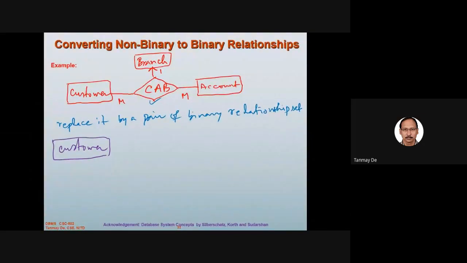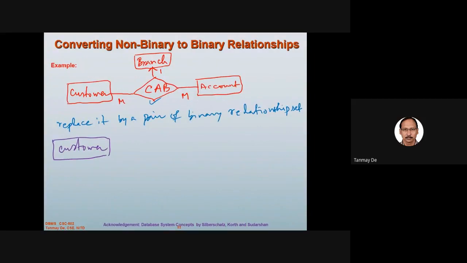That is, an account is associated with only one branch, and an account may belong to several customers. That is, a joint account holder is possible. Now we want to check whether, if we convert this into a pair of binary relationship sets, it can reflect all these things or not.